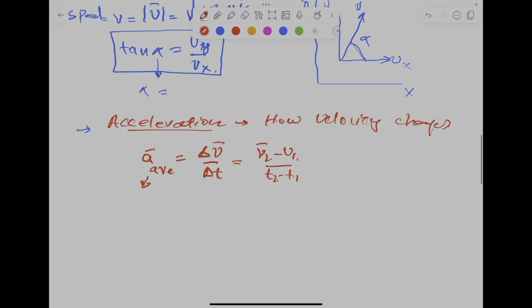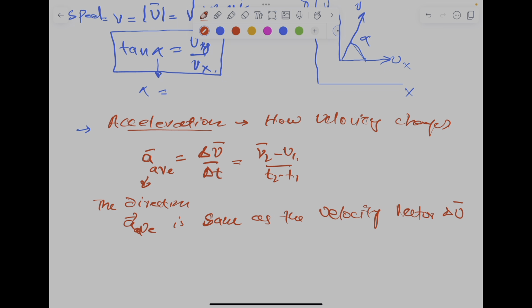The direction of this average acceleration is the same as the direction of the velocity vector change, del v. So your average acceleration is nothing but the time rate of change of the velocity vector.